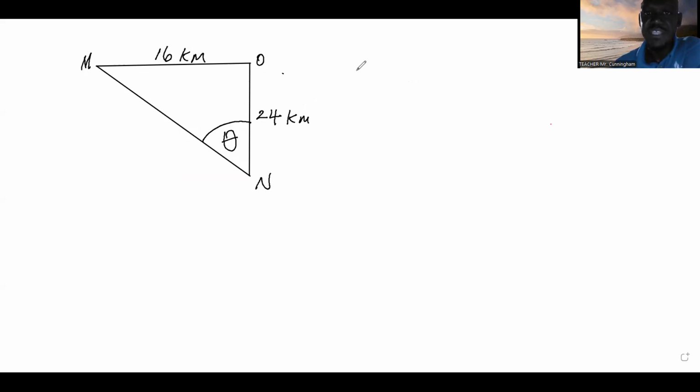So we are finding the angle. Find the unknown angle. That is the last question for the evening, and it's 7 minutes past 6.